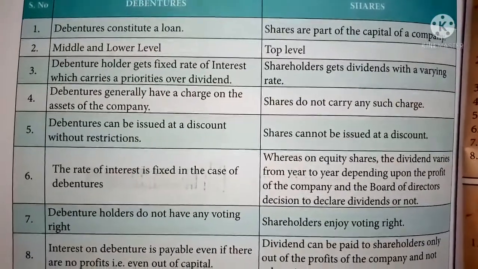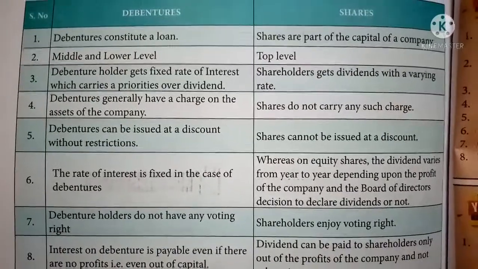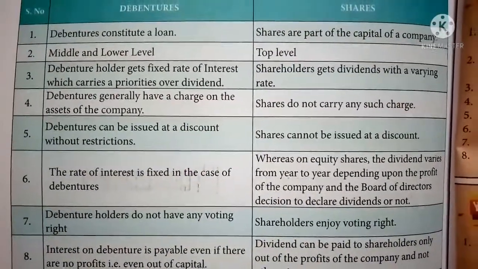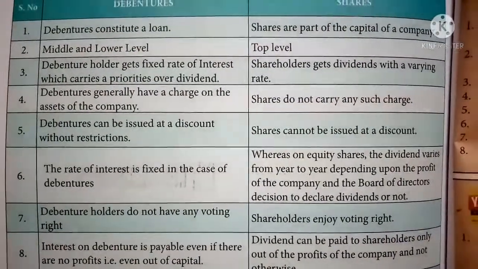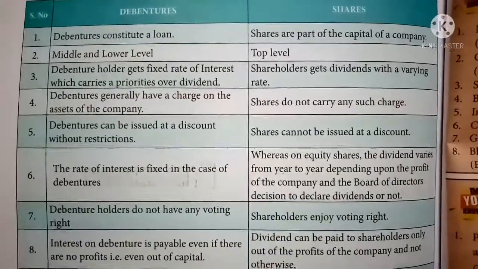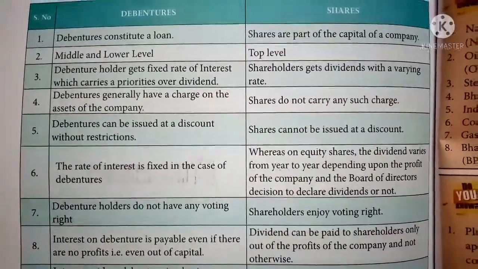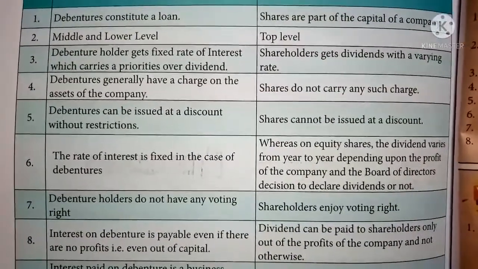They grant a loan to the company, but the share holder is a member, a shareholder of the company. So it is part of the capital of the company. Second point, middle and lower level. Debenture will be at the middle and lower level, but share will be at the topmost level because shareholders are the real owners of the company.